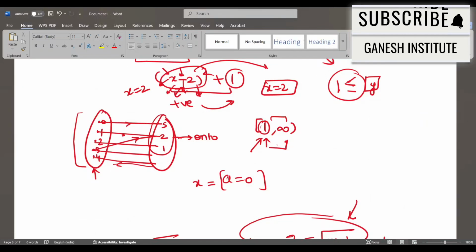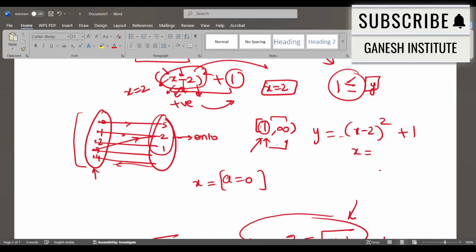But can you see here you have a square? A square is very easy to manipulate. If you place x as 2, you will get exact value 1 because 2 minus 2 is 0.